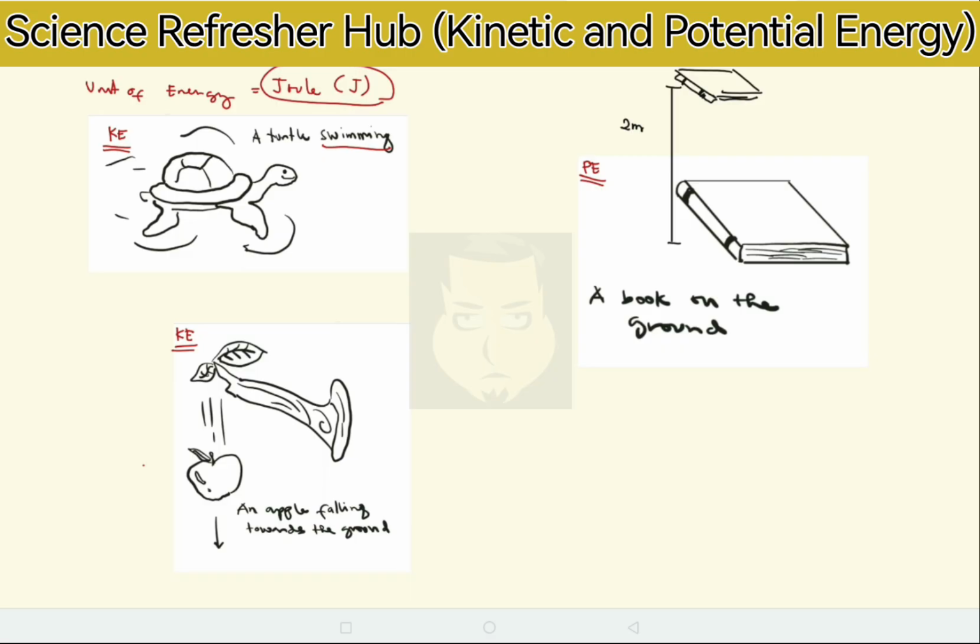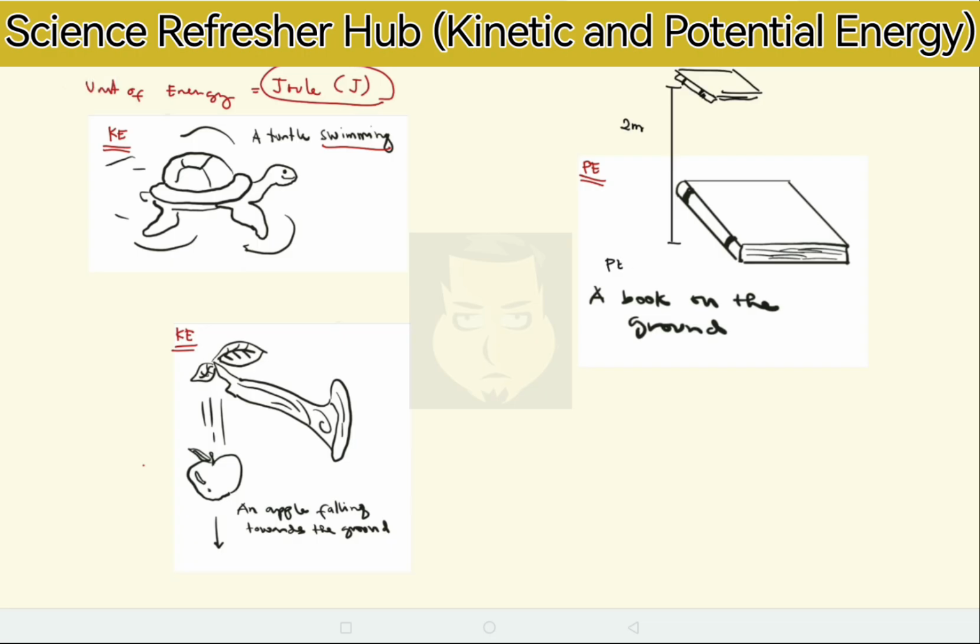When the book is on the ground, the potential energy is zero, right? Because the book is on the ground. But what if we increase the height or the position of the book? Therefore, the book is gaining potential energy. So let's try to find out how many joules are expended as we increase the height of the book from the ground.